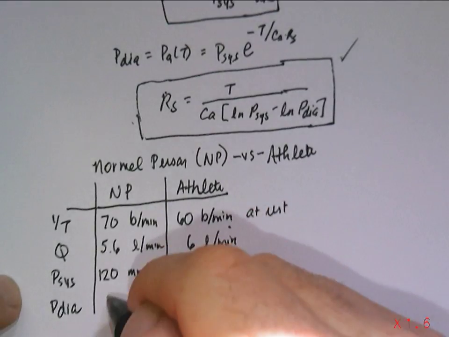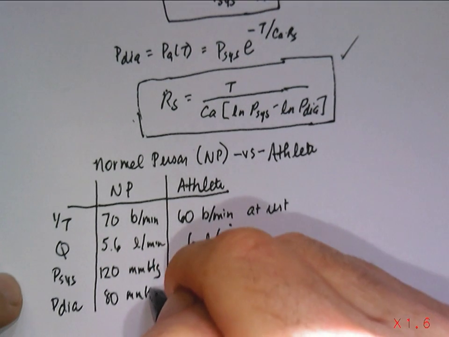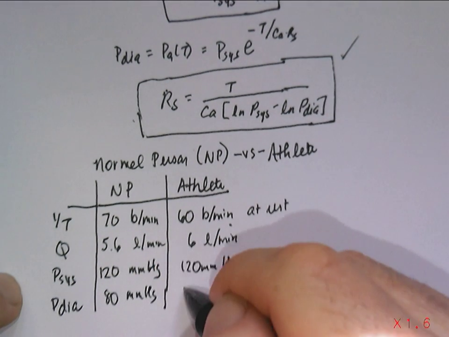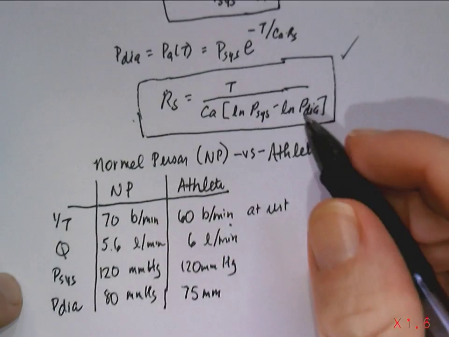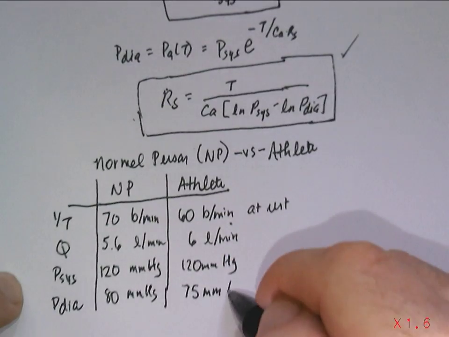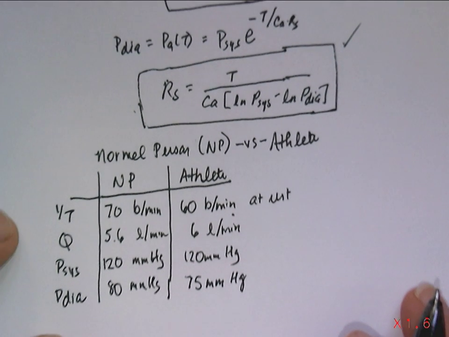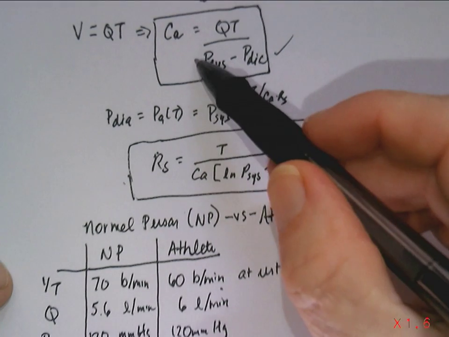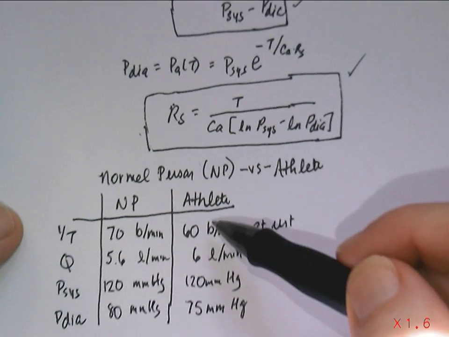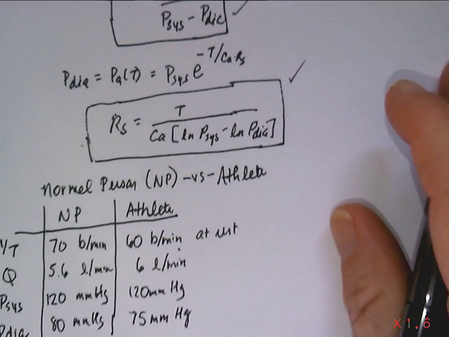Mercury's 80 on the diastolic. And this might be a little bit lower for the athlete. They can get that pressure down just a little bit more. Okay. So what you then do is use this model of compliance and resistance with these parameters that are easily measurable, plug them in, and let's compute the differences and see what we get.